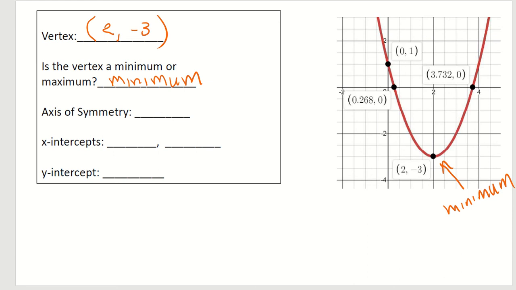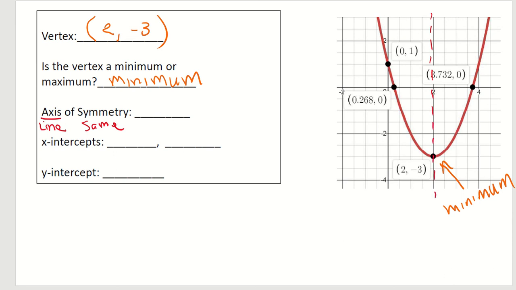The tricky one is the axis of symmetry. Well, what does it mean to be an axis of symmetry? Axis means a line, and symmetry means the same on each side. So we're looking to draw a line in the graph where it's the same or symmetric on each side. I'm going to draw the line right down through the vertex of the parabola.